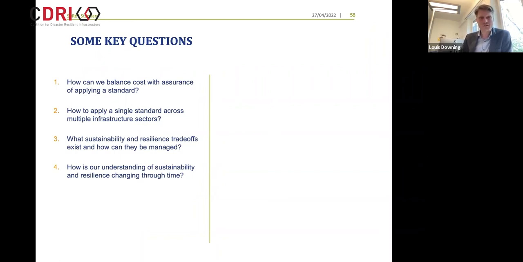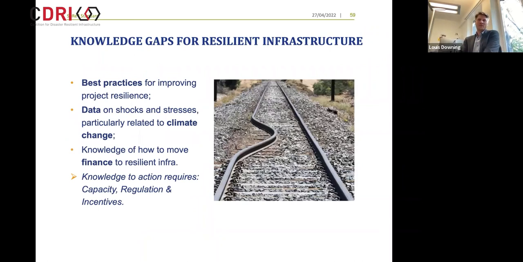And then also in terms of the knowledge gaps that we perceive in the market, I think that these are some key points. Best practices for improving project resilience, having access to data on the shocks and stresses, particularly related to climate change, and then really locally, so at a subnational level, knowledge of how to move finance to resilient infrastructure.